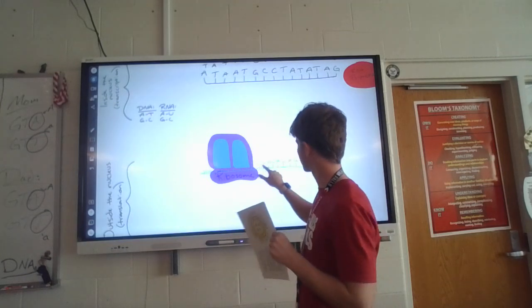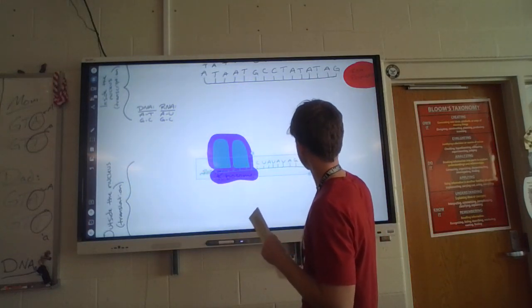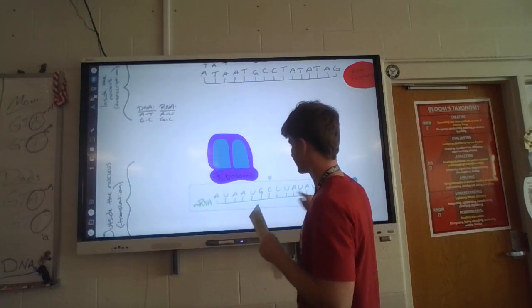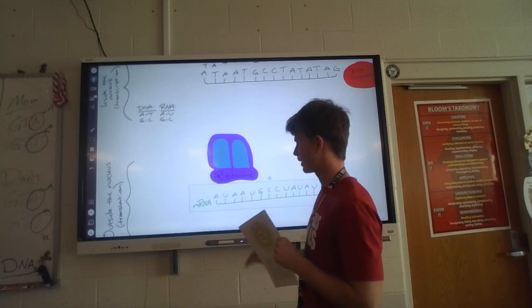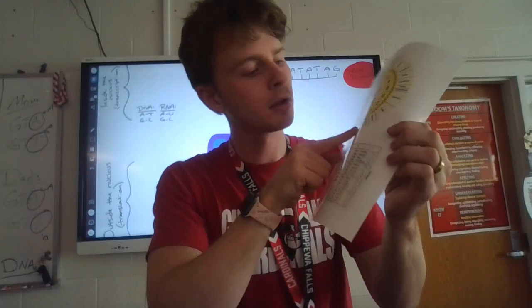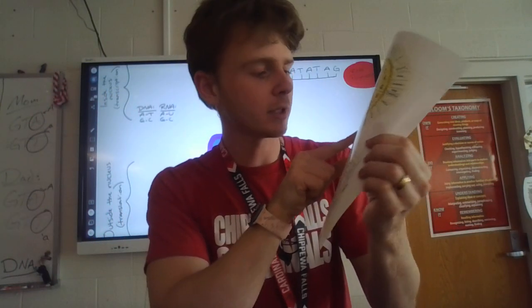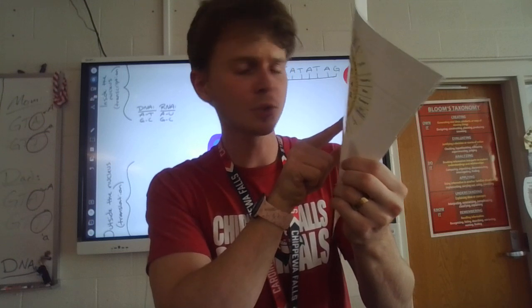So the first letters that are going to be used are AUA. That's going to be the one in the first spot. So I just look here, A, U, A. And what does that make me? AUA makes me isoleucine.